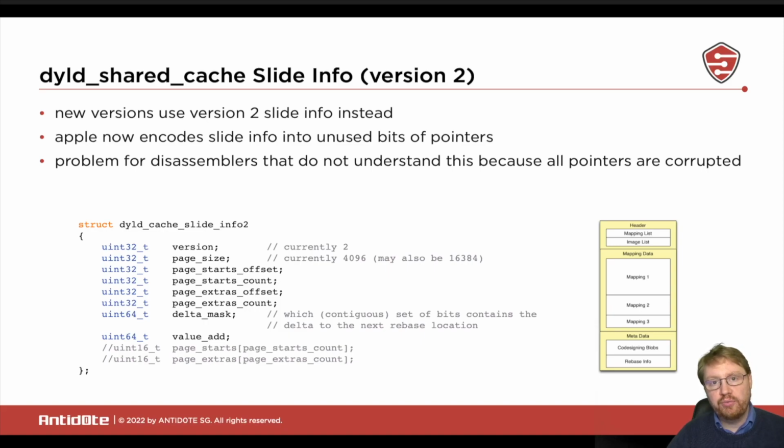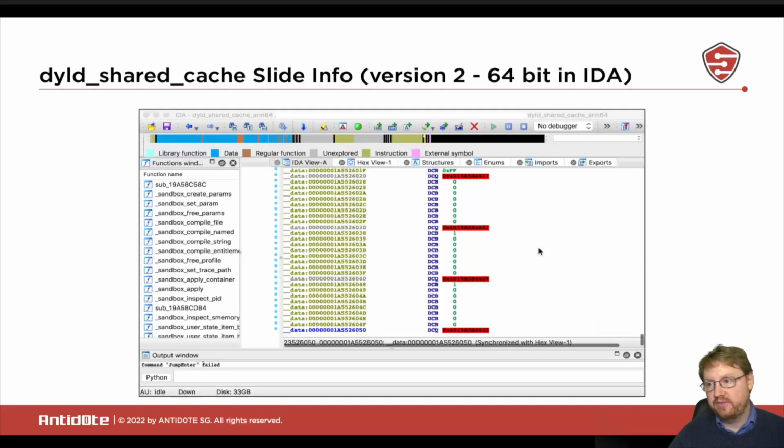This is important to know because ever since Apple introduced that, all the normal tools would break, because all the pointers you would see in the code would have trashed upper bits. Only if a program understands this can it remove these dirty upper bits. This is how it would look in an IDA version that didn't support this.